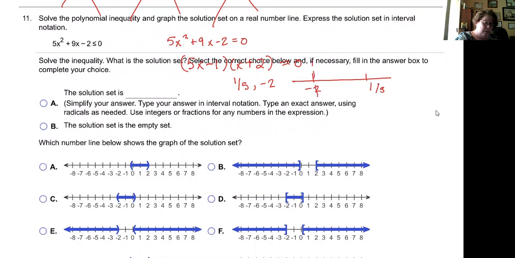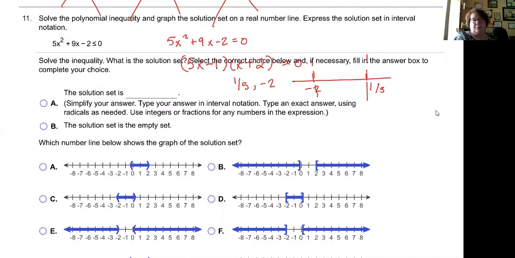And so these 2 boundary points are going to separate my number line into 3 intervals. The first interval is going to be from -∞ to -2. The second interval is from -2 to 1/5. And the third interval is from 1/5 to infinity.